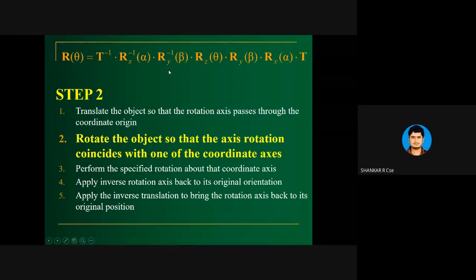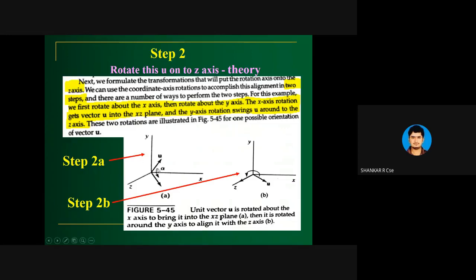Now we'll consider step 2's first step, that is called step 2a. Step 2, how we can do it: this first diagram is the output of step 1. That is, the axis was here and you pulled p1 to the origin. So this is the output of step 1. What you need to essentially do is, as I told you, your intention is to make this u onto the z axis.